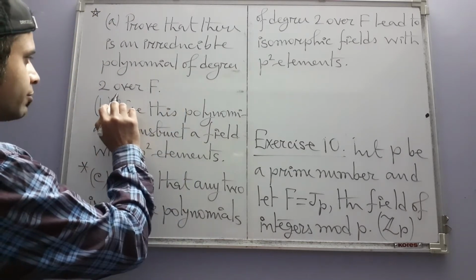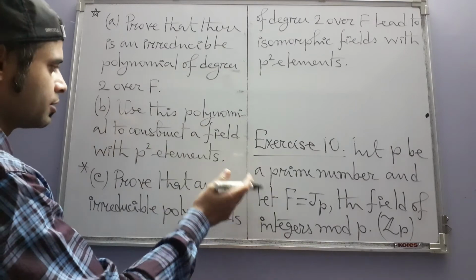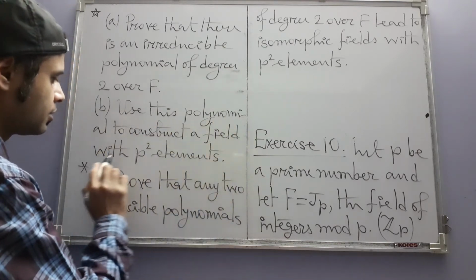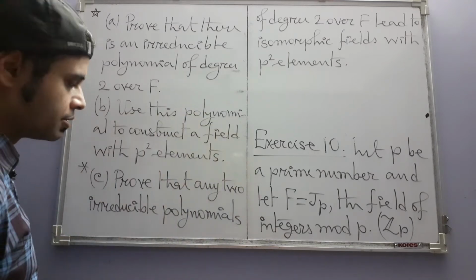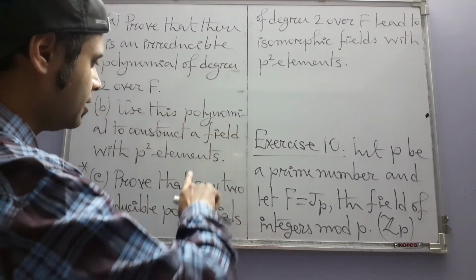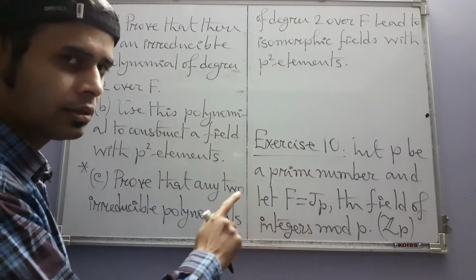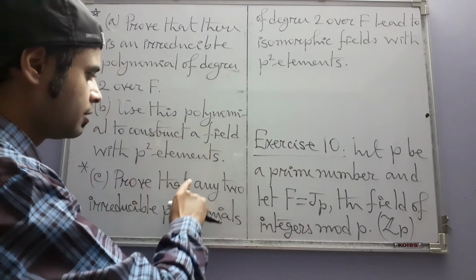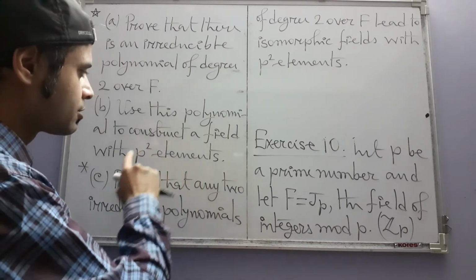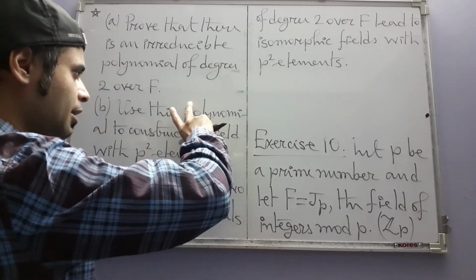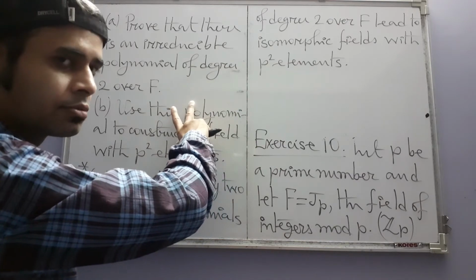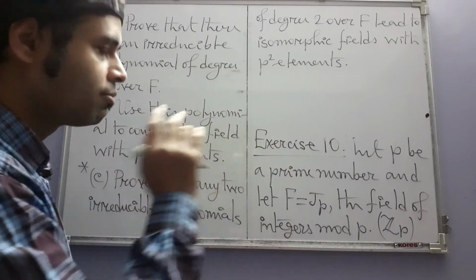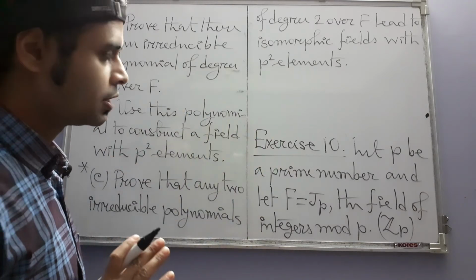And then we have to use this polynomial to construct a field with p square elements. And then we have to show that if two such polynomials are there, both of them irreducible and quadratic, then using both of them we can construct such fields using whatever procedure we are going to show when we solve part B. But then those two fields will always be isomorphic. That's what we have to show.